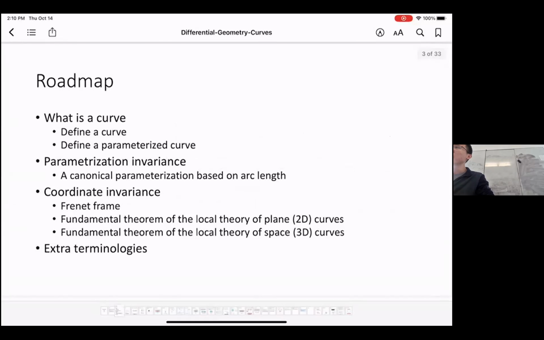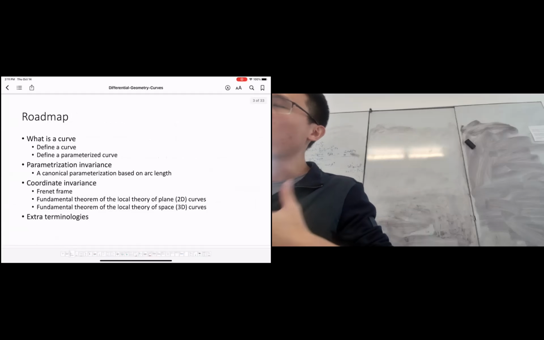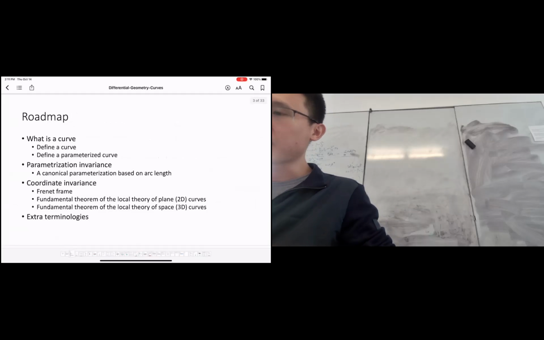So let's jump into what we want to talk about today. The roadmap is: we will first ask the very basic question of what is a curve. Then we are going to define a curve. And then, in a differential geometry way, we're also going to define a so-called parameterized curve. Based on this parameterized curve, we're going to discuss its invariance.